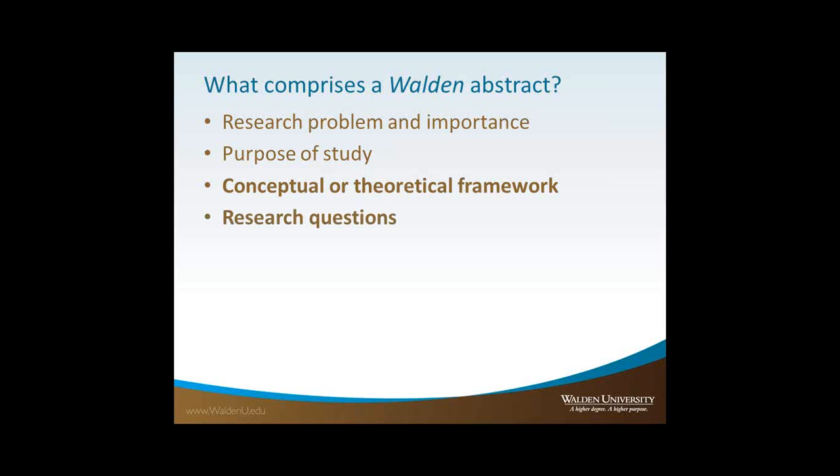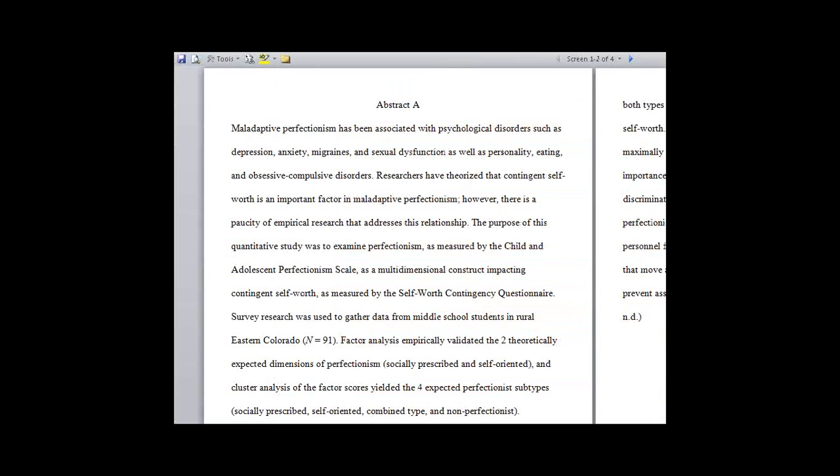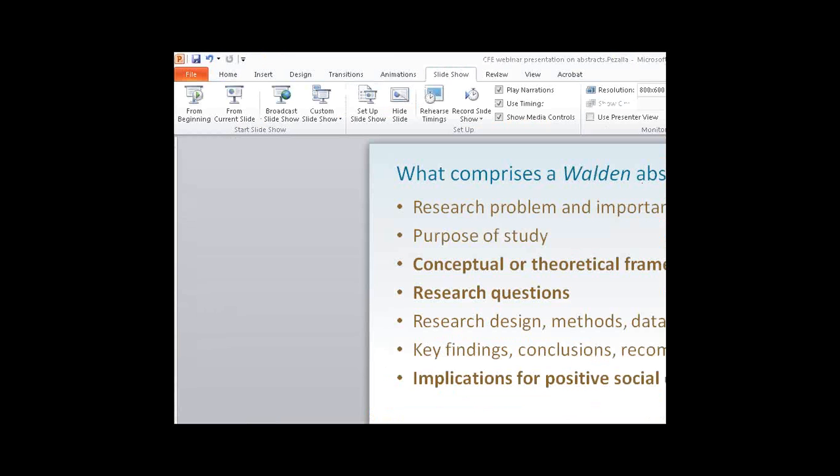So research questions. This is also a bolded bullet point because this is often specific about Walden. Research questions must be specified in a Walden abstract, although I'll pause here real quickly. This is just keeping you all on your toes. Anyone know of the unique attributes of research questions? How should they be presented in a Walden abstract?